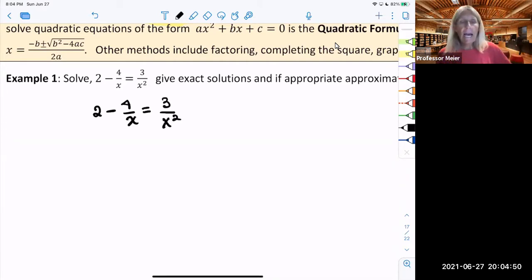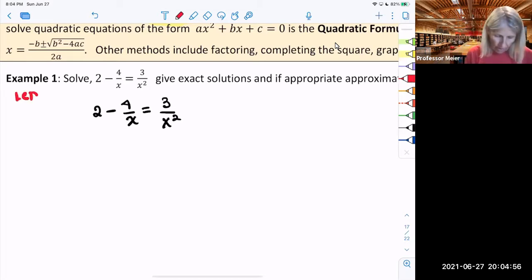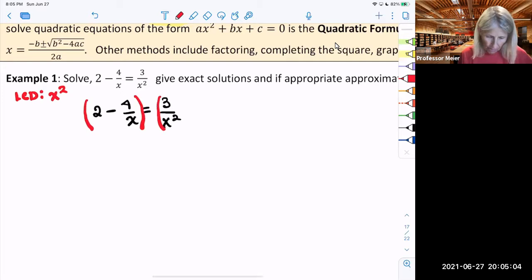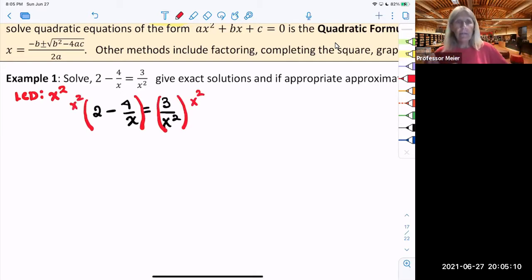To do that, we're going to multiply this equation by the LCD, which would be x squared. So we're going to multiply both sides of the equation, every term, by x squared. Think of it as x squared over 1. That's going to clear out the fractions in this equation, and that'll allow us to solve it more easily.